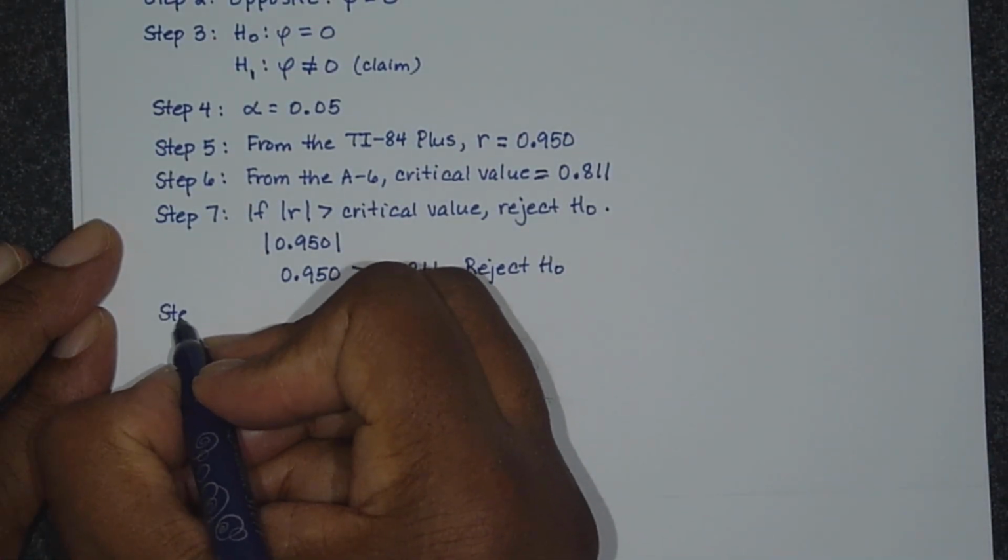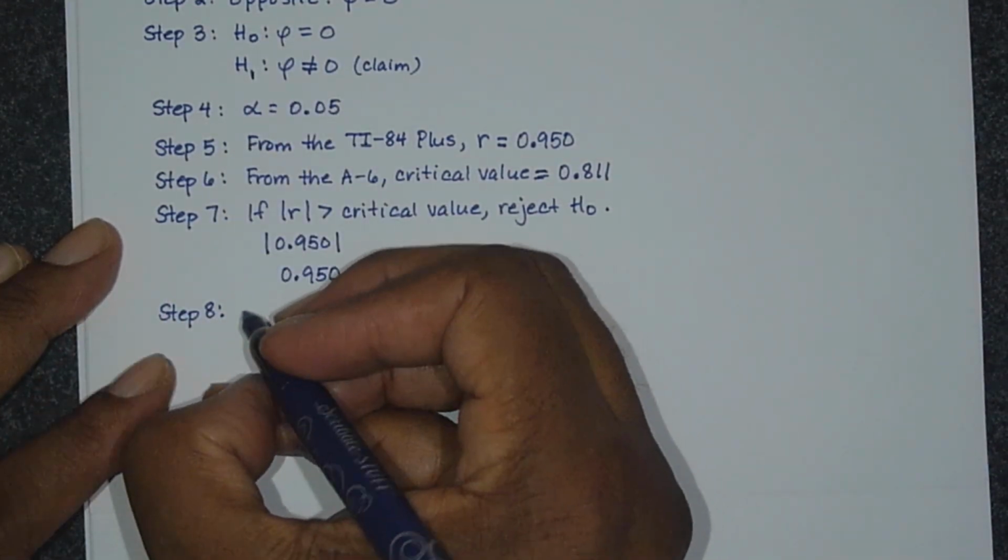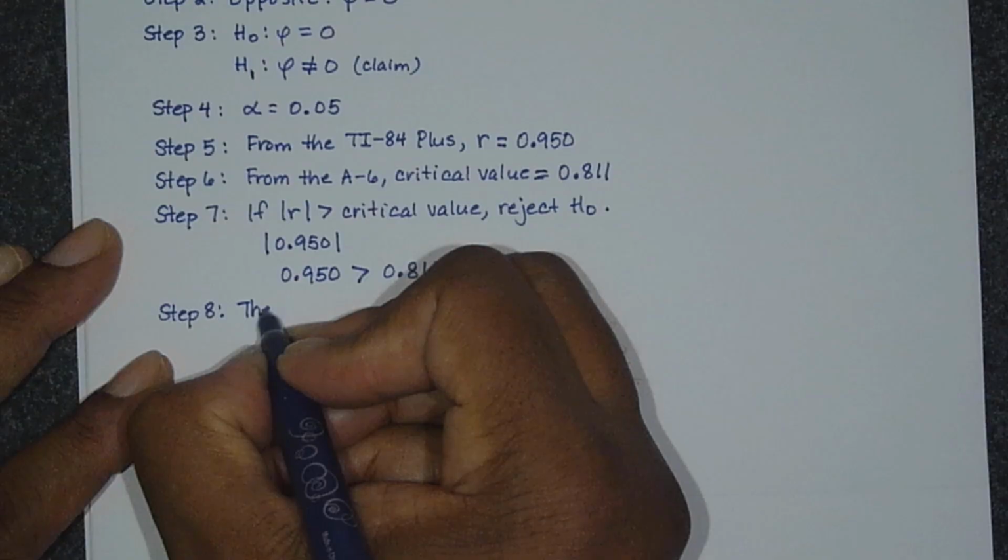And if we reject the null hypothesis, that means we're supporting the claim. We're supporting the fact that there is a linear correlation.